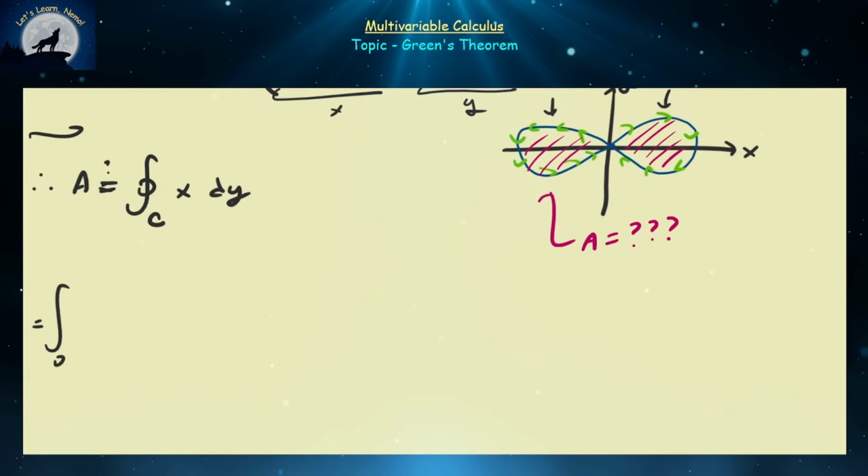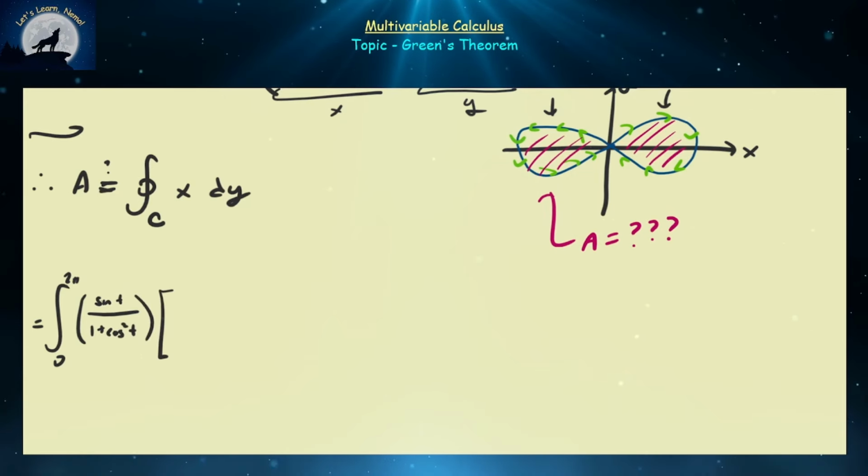So that's going to be equal to the integral from 0 to 2 pi. Then we're going to have our x, which is going to be the sine of t, all over 1 plus cosine squared of t, multiplied by, and then we have to do some quotient rule.